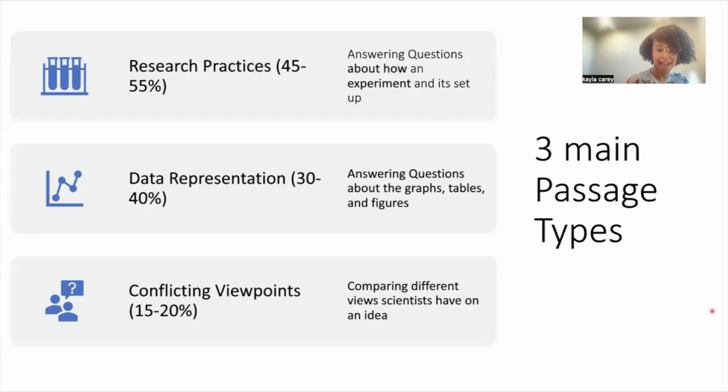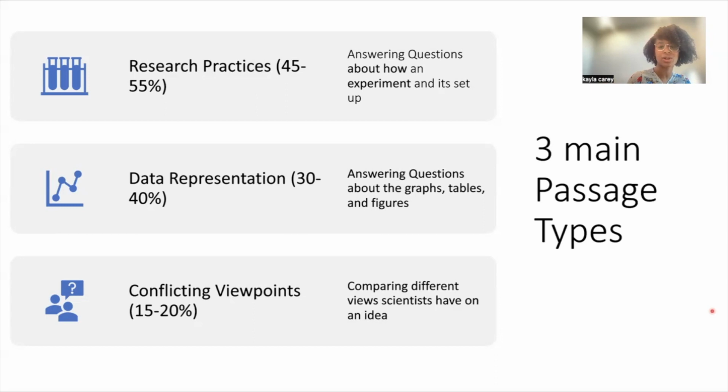So the 6 to 7 passages, they're going to come in 3 main forms: the research practices, data representation, and conflicting viewpoints. So half, a little bit over or under half of your science exam is going to be a type of passage called research practices.